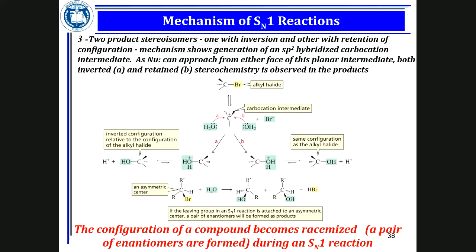I also said that you get two types of product. You get a mixture of two products for the Sn1 mechanism, and the reason is that the carbocation is going to be an sp2 hybrid carbon, because you only have 3 electron domains or 3 groups attached to the carbocation.